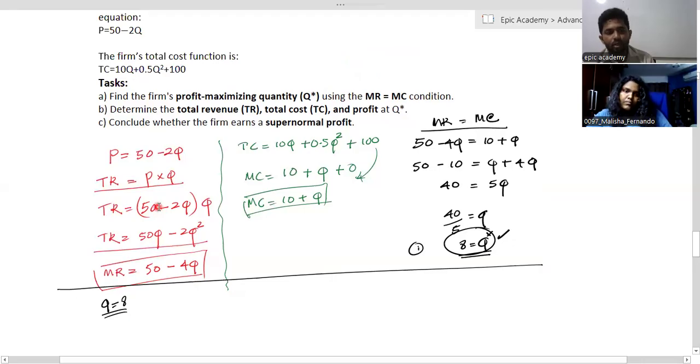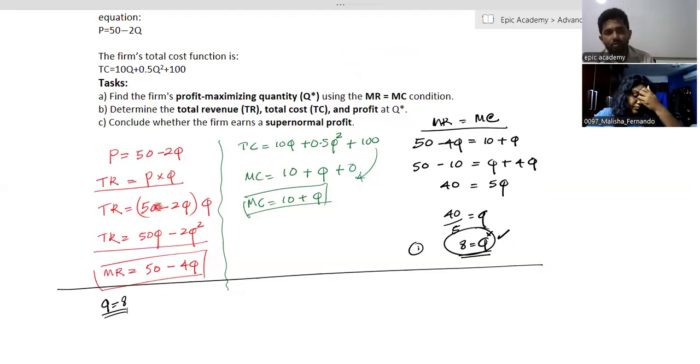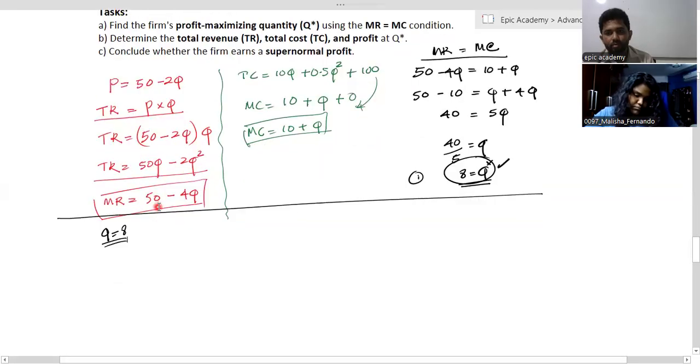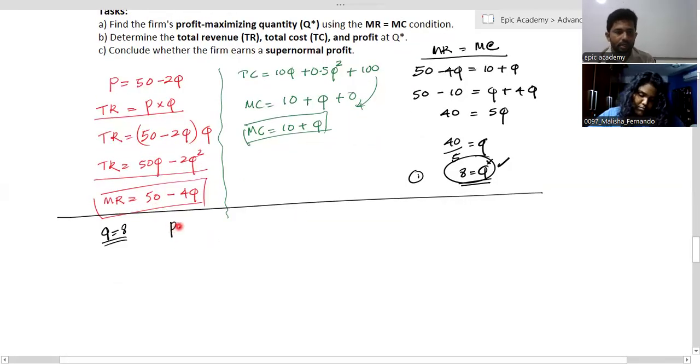So then you can use the demand equation. P equal 50 minus 2Q. So then P equal 50 minus 2 multiplied by 8, isn't it? Yes. 50 minus 16 means P is 34.